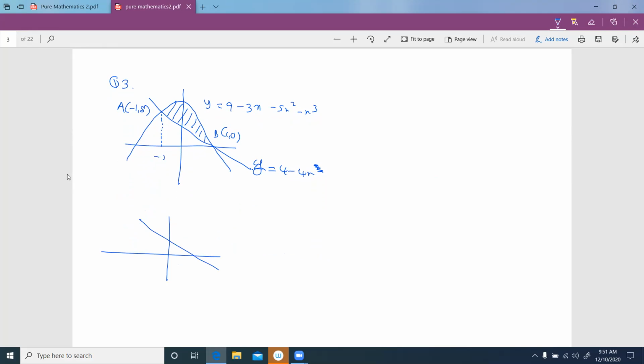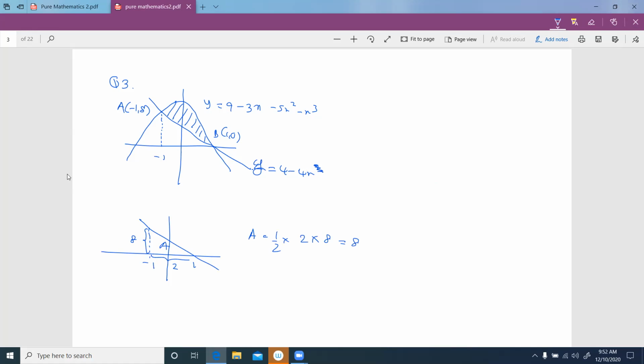They have given the coordinates minus 1 and 1, and from this you can understand that the height is 8 and the base length is 2. So the area enclosed is a triangle, A equals half base 2 into perpendicular height 8, so it should be 8. That's a pretty simple answer.